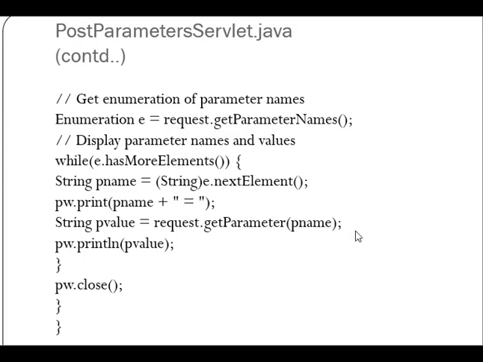So what do we have to do in order to run this? We have to compile this, then place this servlet in the appropriate directory, update the web.xml file, and then start the server, open the browser, enter the name of the employee and phone number details in the text fields and submit.